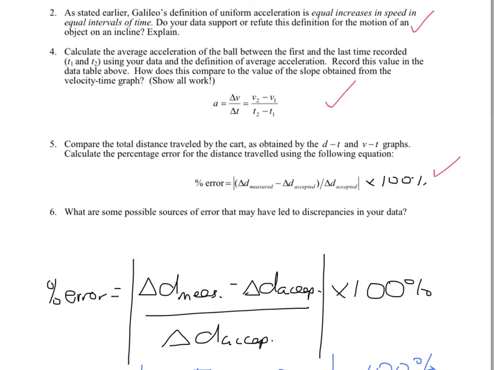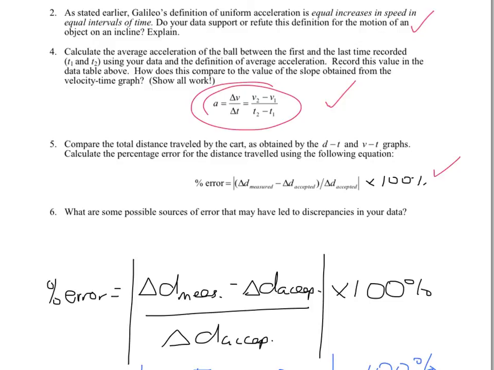Also tell me why maybe your acceleration that you obtained from the slope of the velocity time graph compared to your average acceleration from this calculation, why they were not the same as well. So talk about some of the different sources of error that may have led to these discrepancies.